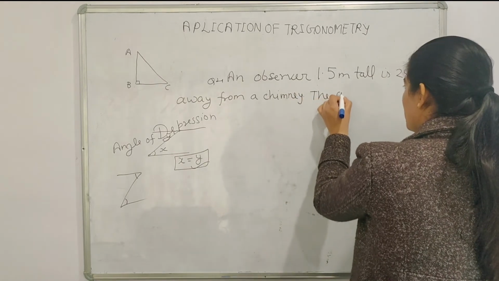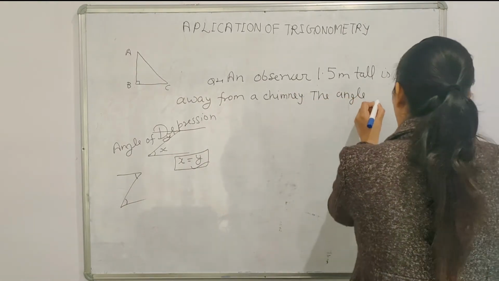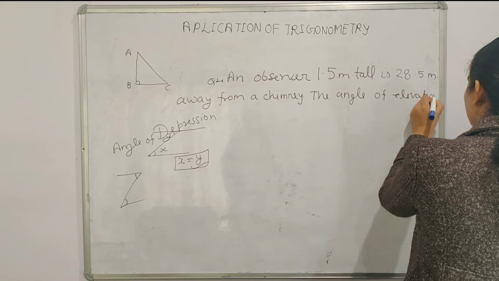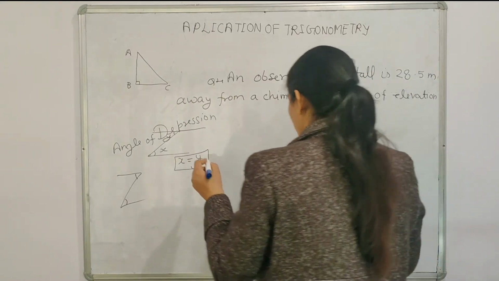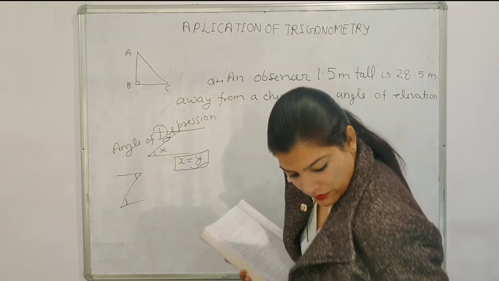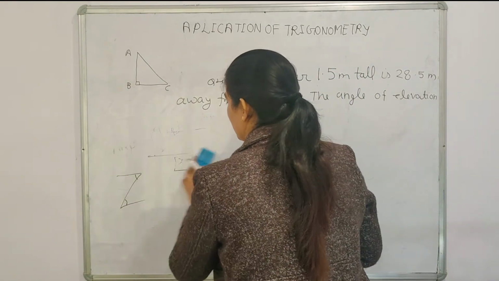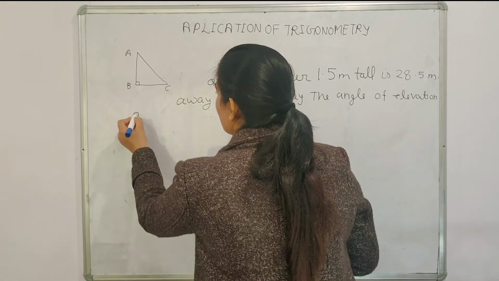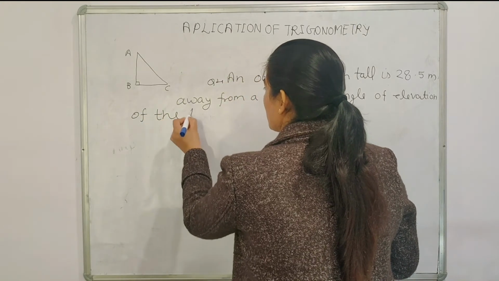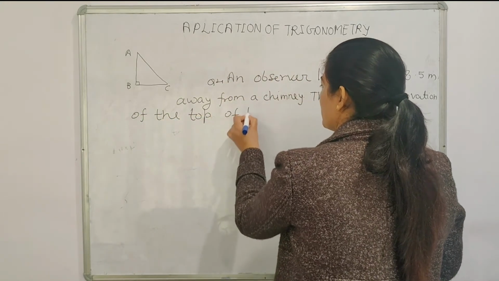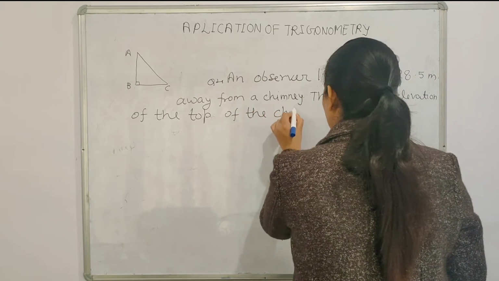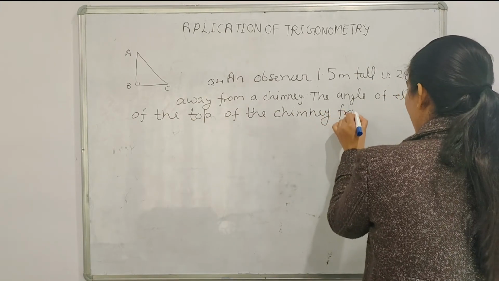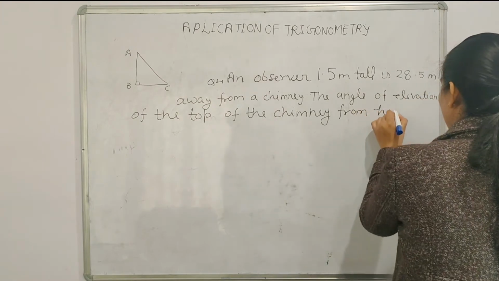The angle of elevation of the top of the chimney from his eye is 45 degree.